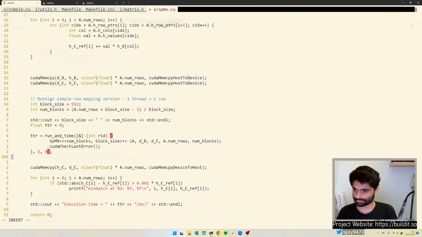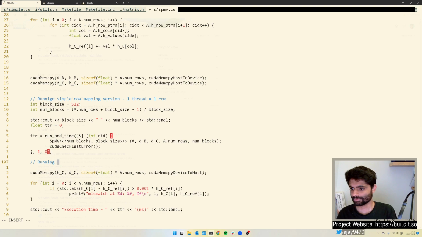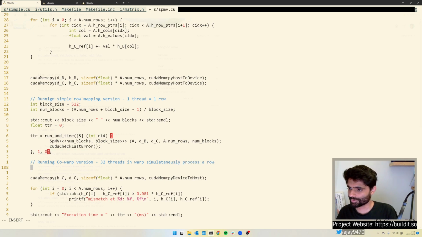Then running co-warp version, 32 threads in a warp simultaneously process a row. So how does this change?